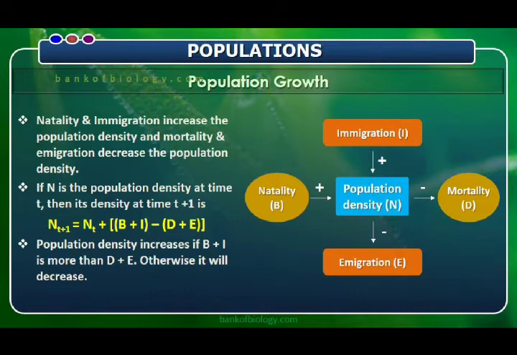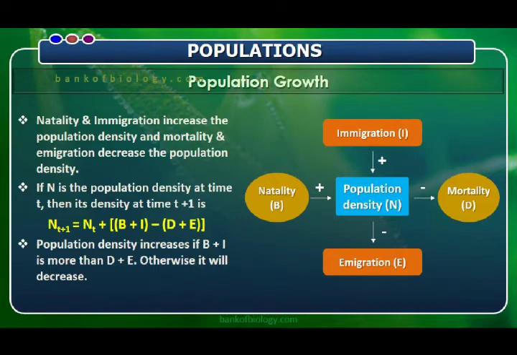Now the population density increases if B plus I is more than D plus E, otherwise it will decrease. So in short, population density increases when birth rate and immigration are higher than death rate and emigration. At that time, population density in a particular area is increasing.